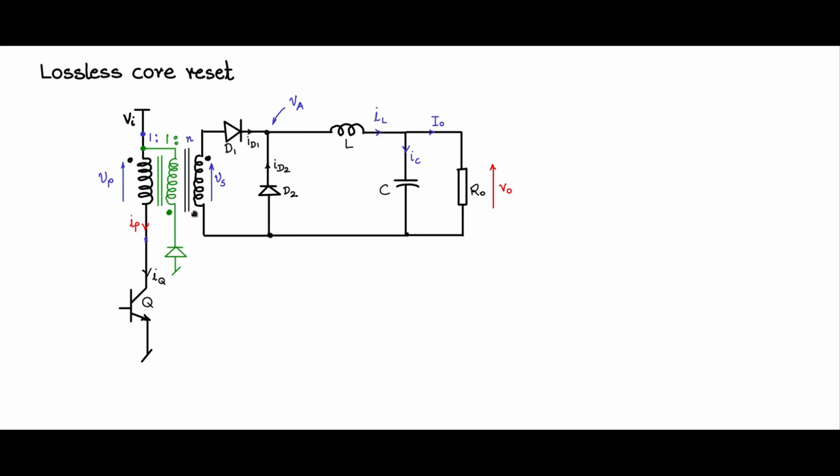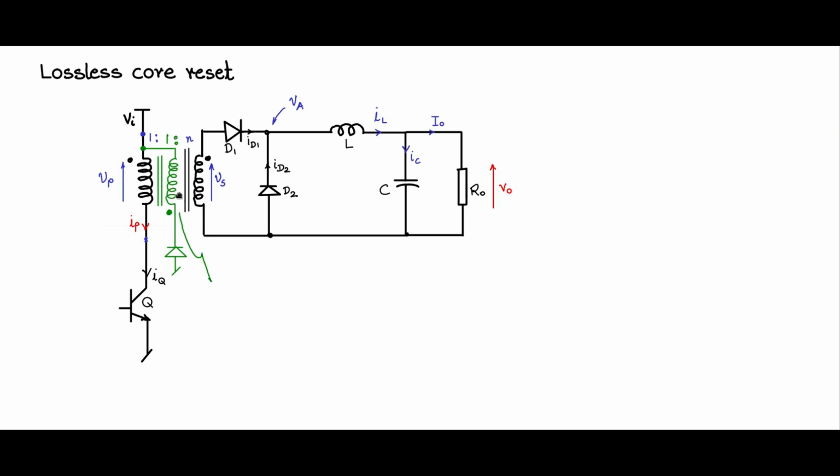So now this is the modified forward converter where you have removed the lossy core reset circuit and you have interposed another winding, no resistance, only the winding, but there is a freewheeling diode. Now how does this become lossless? Let us see how the core reset action is performed and how it is lossless.